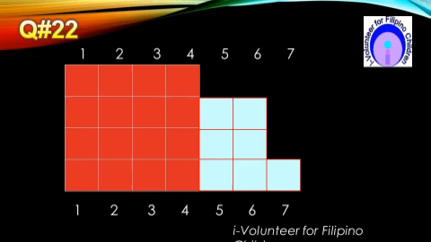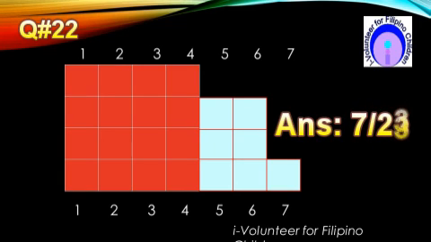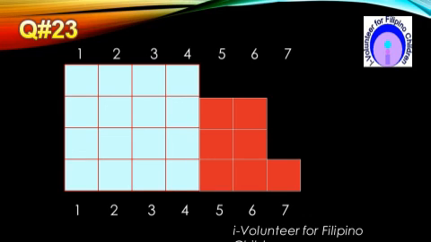Number 22. What fraction names the white squares? The answer is 7/23. Number 23.